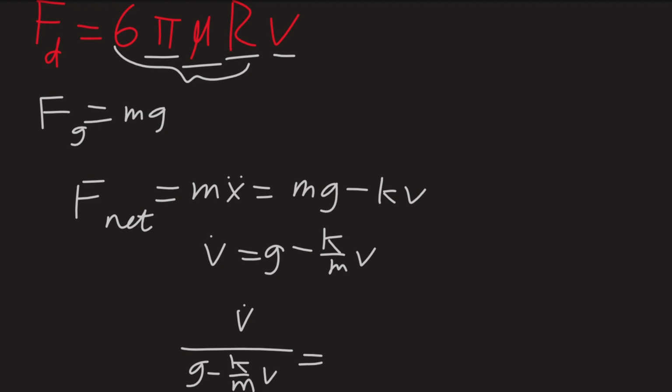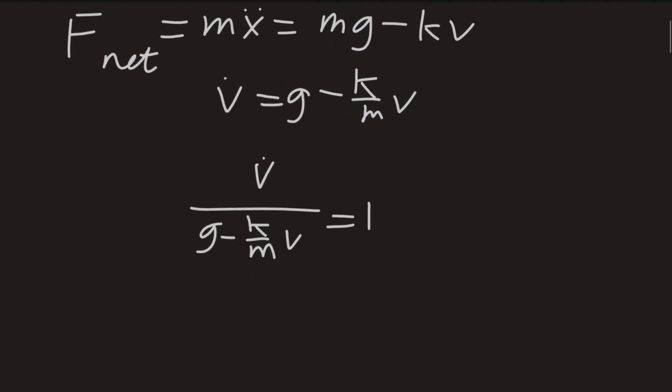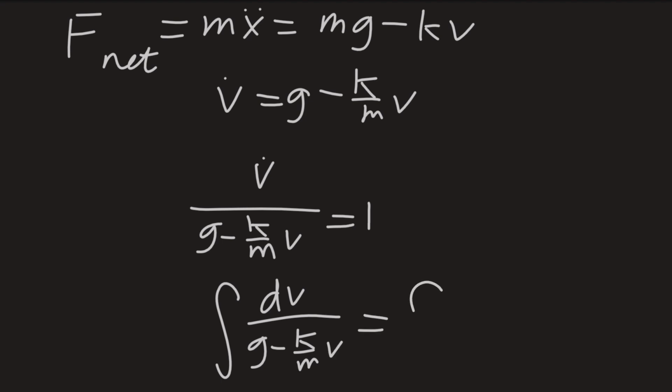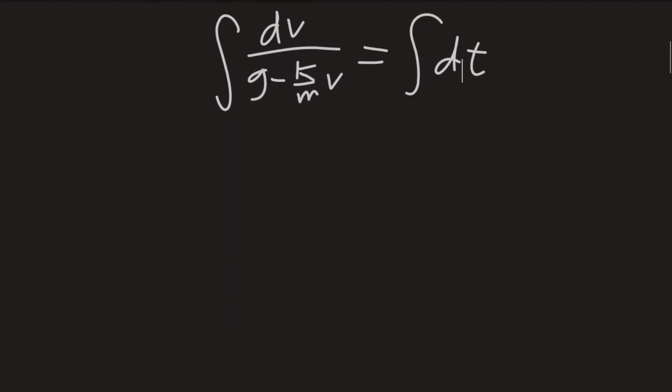If we integrate both sides, we get the integral dv over g minus k over m v equals the integral of dt. Actually, the integral on the right was written incorrectly, it should just be the integral dt. Apologies. That's just t plus some constant c.